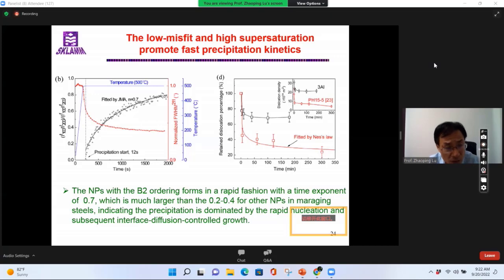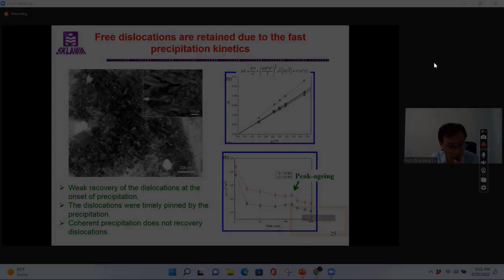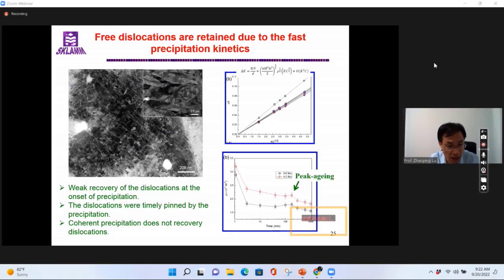So that's the reason why we can retain the dislocations. Due to the fast precipitation of the nanoprecipitates, they effectively pinned the transformation dislocations, so preventing them from recovery.